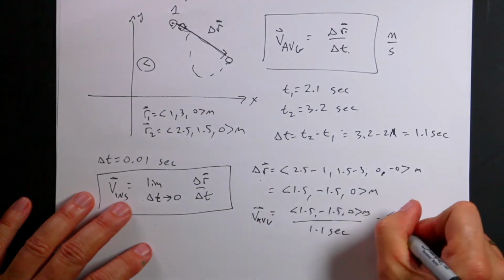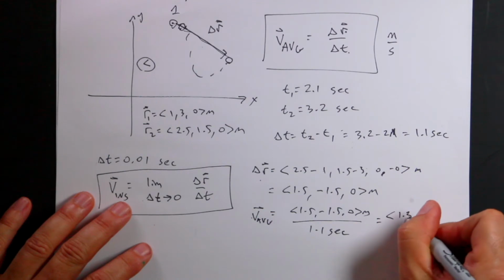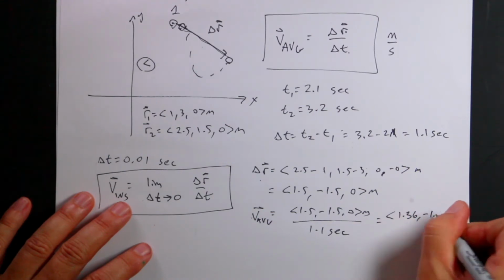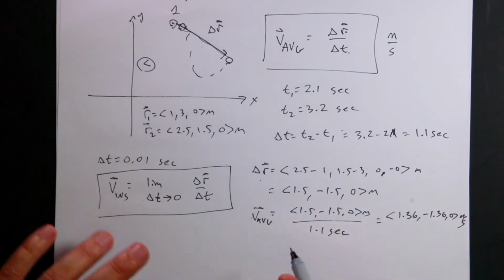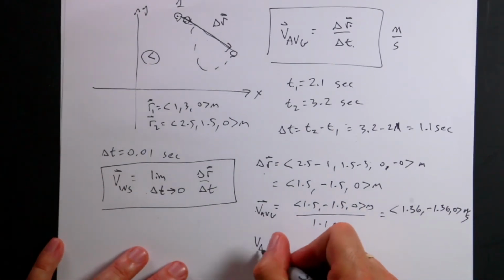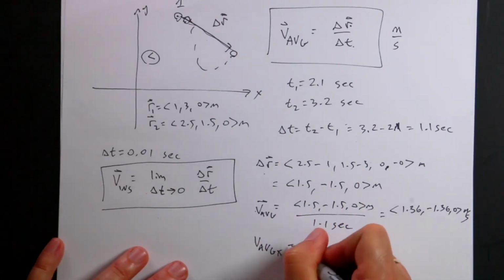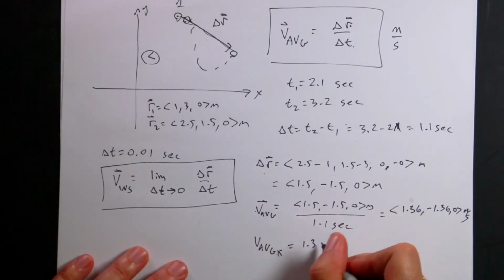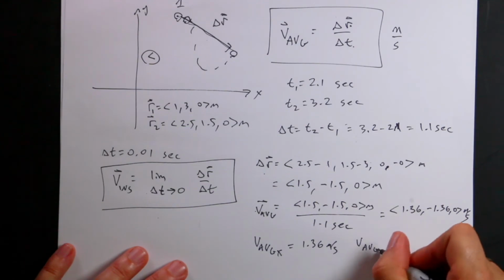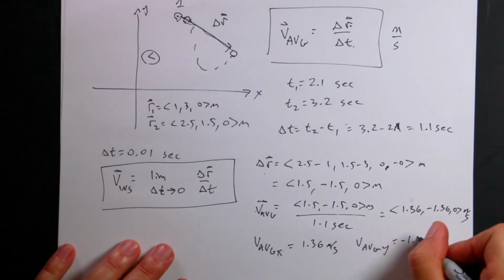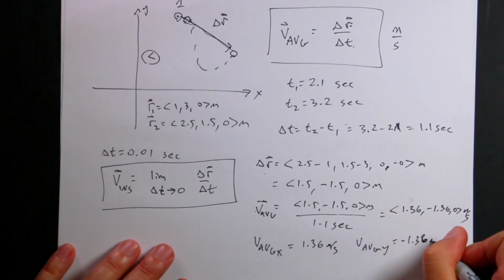So this is going to be equal to 1.36, negative 1.36, 0 meters per second. If I wanted to, I could write it like this. v average x equals 1.36 meters per second. v average y equals negative 1.36 meters per second.